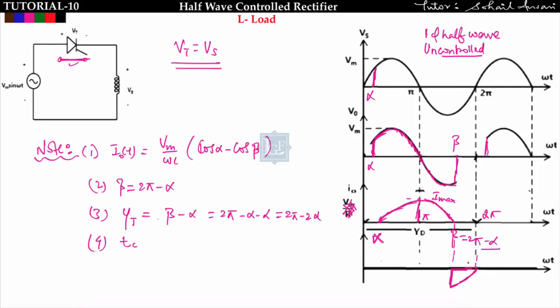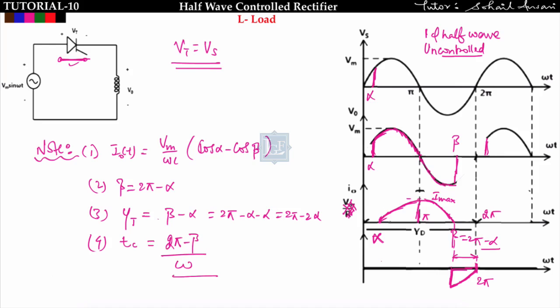You can see clearly that the supply voltage equals the thyristor voltage only when this thyristor is not conducting, and this thyristor is not conducting after beta. So after beta the voltage across the thyristor will be negative, and it will be negative up to 2 pi. So the circuit turn off time will come out to be 2 pi minus beta upon omega.